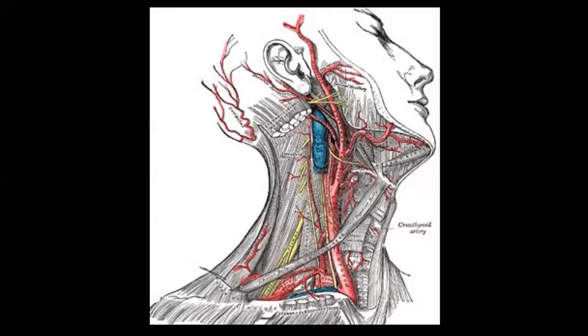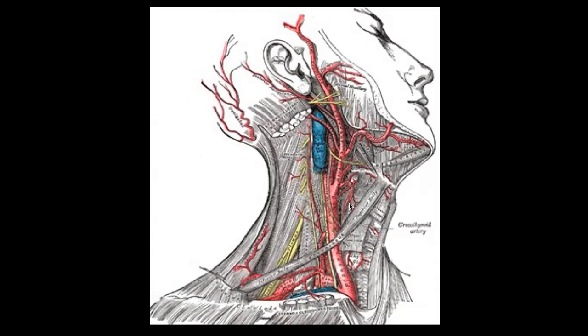Only the internal carotid artery and common carotid artery are the arteries which are present inside the carotid sheath. And as a rule, the common carotid artery and internal carotid artery do not have any branches in the neck region.